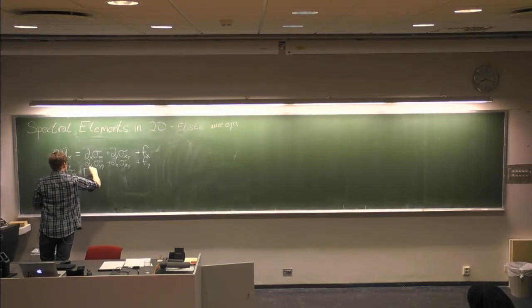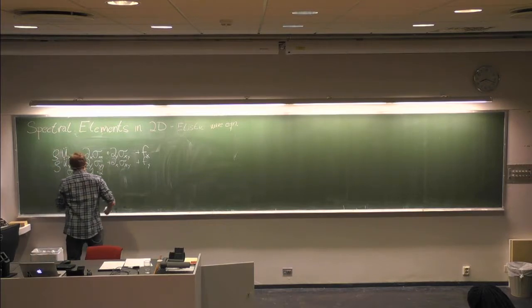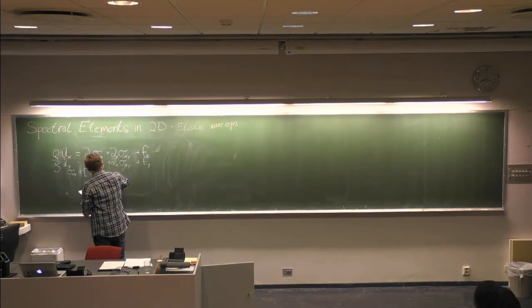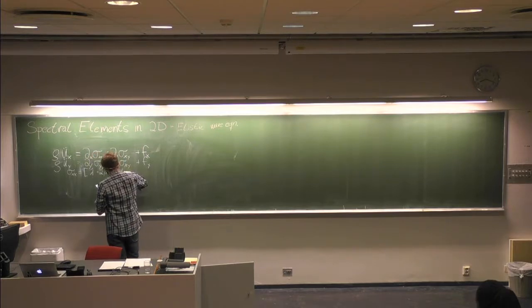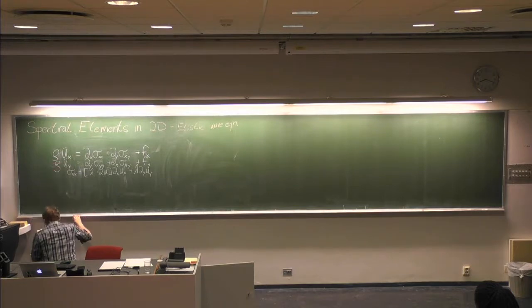So this lambda and mu, those are Lamé parameters. Sigma xx equals lambda plus 2 mu dx ux plus lambda dy uy, and sigma yy similarly.